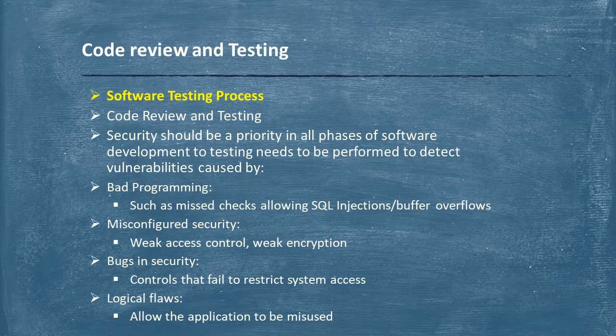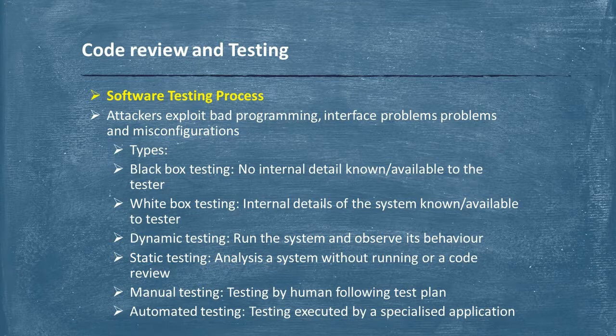Bugs in security and logical flaws allow the application to be misused. The attacker normally exploits bad programming, interface problems and misconfigurations. We saw that earlier. Now let us take a look at the different types of testing.